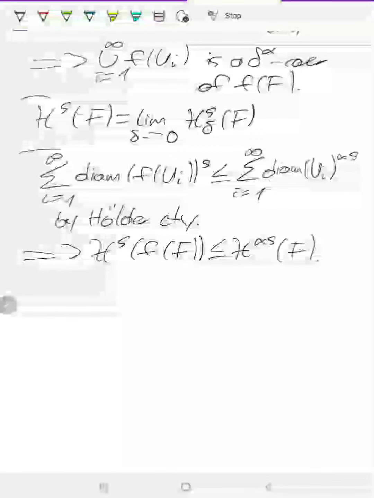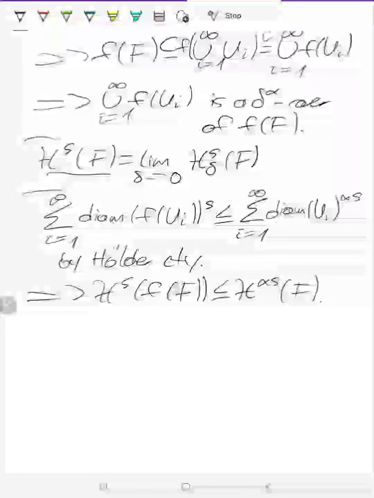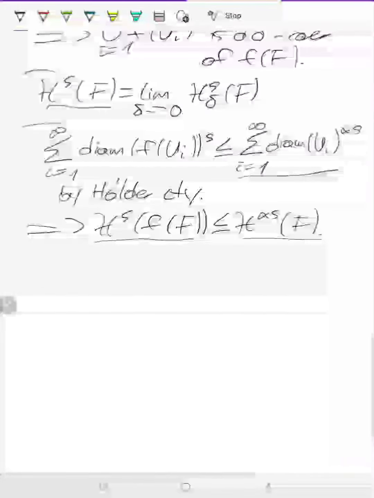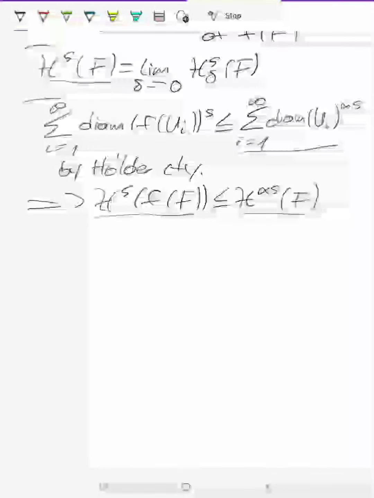So for small delta we take a union of U_i's which are at most, say, epsilon away from the real value of this quantity, so of the Hausdorff measure, and then we see this is almost this thing here on the right-hand side, and we see that we have some delta to the alpha cover for the image, which gives a smaller value, so we get this inequality here by taking limits, respectively limits and infima.